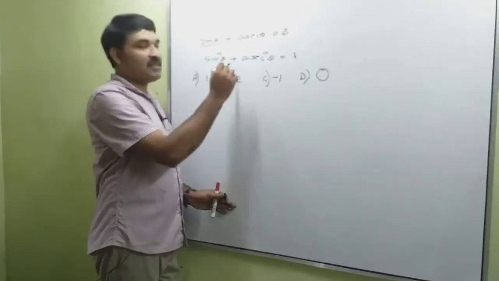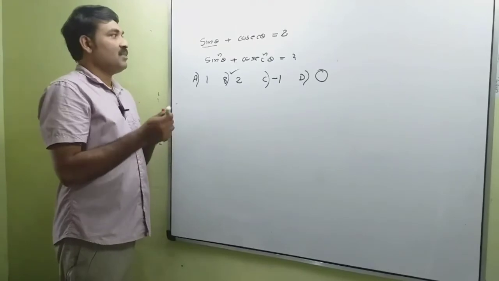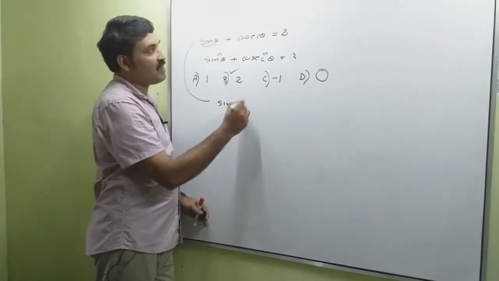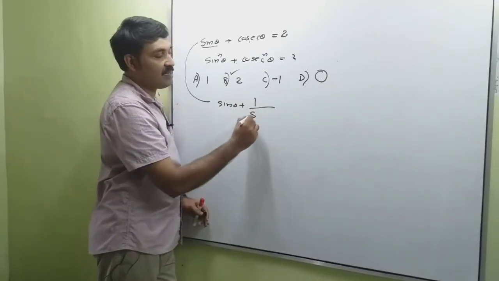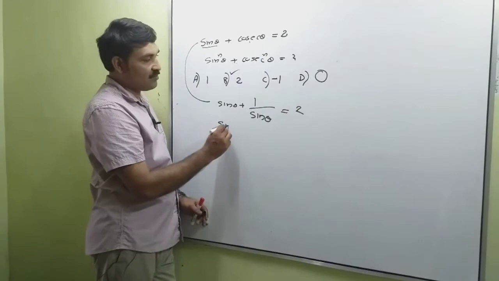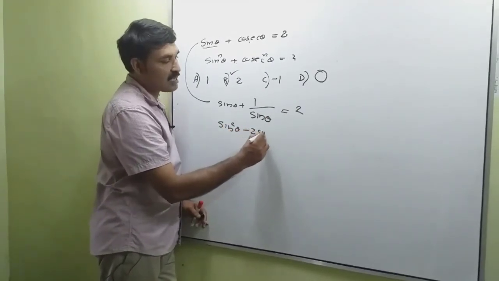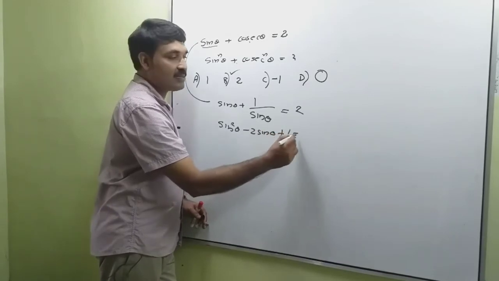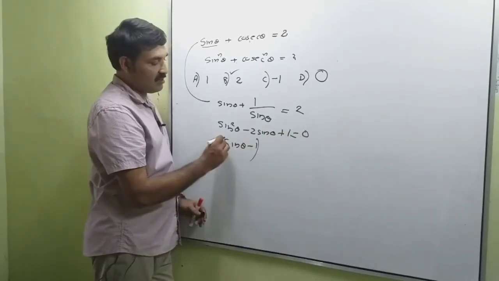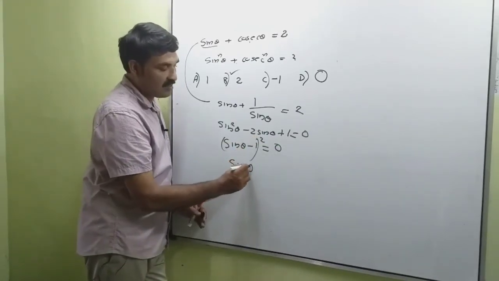So answer is 2. But we can do it by steps. So we can write sin theta plus 1 by sin theta, that is cosec theta, is equal to 2. Taking the LCM, this becomes sin square theta minus 2 sin theta plus 1 is equal to 0. This implies sin theta minus 1 the whole square is equal to 0, or sin theta is equal to 1.